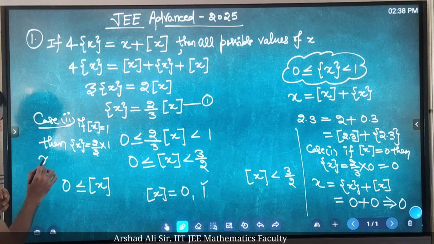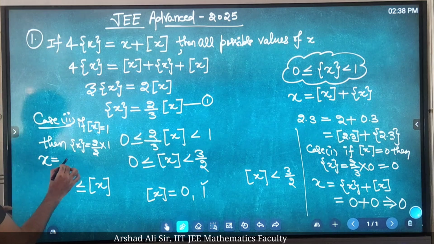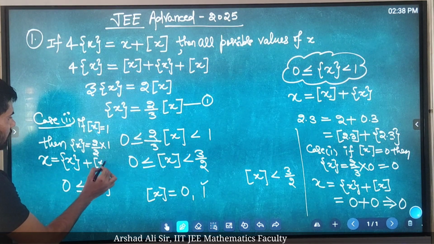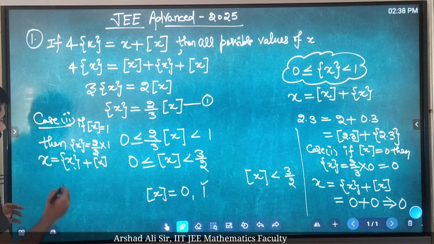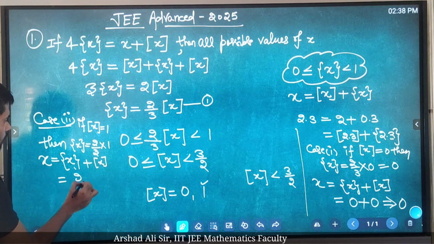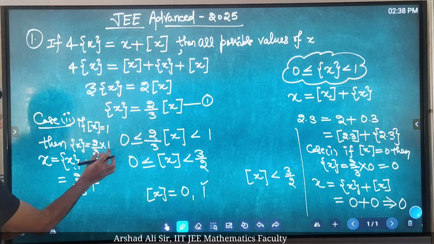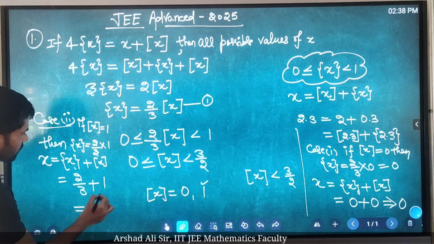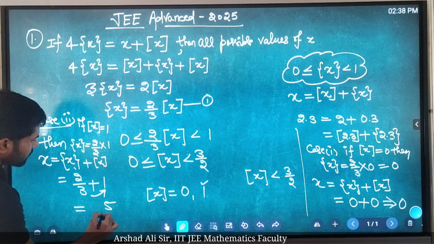But we have to find the value of x, and x is the fractional part of x plus the greatest integer of x. Here the fractional part is 2 by 3 and the greatest integer of x is 1, so we will get 5 by 3.